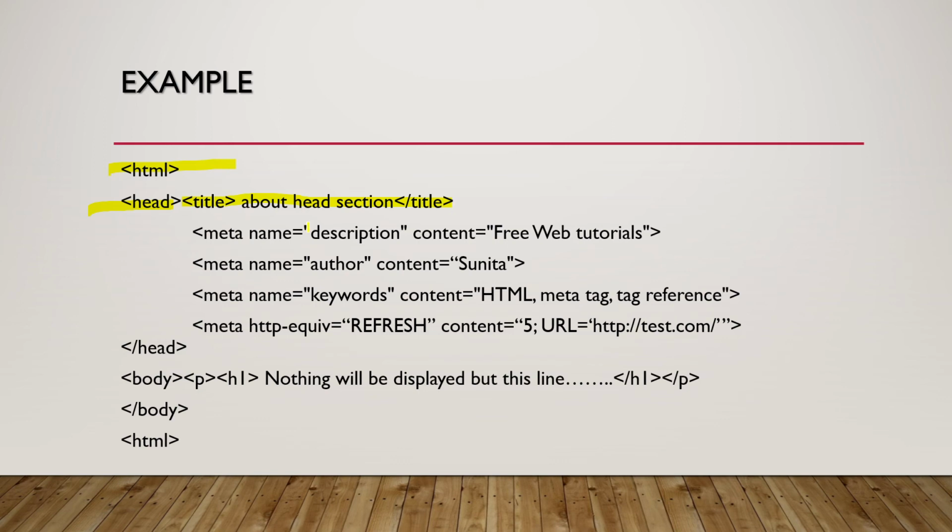Now I have taken all three meta tags, that is description, author and keywords. In the description I have written free web tutorials. Then in the author I have written my name. In place of that you can write your own name. In keywords I have written HTML meta tag, tag references.